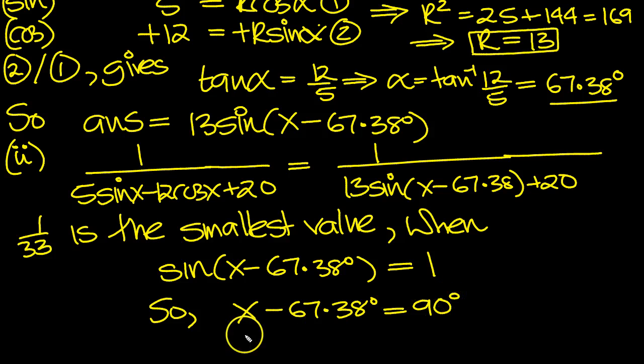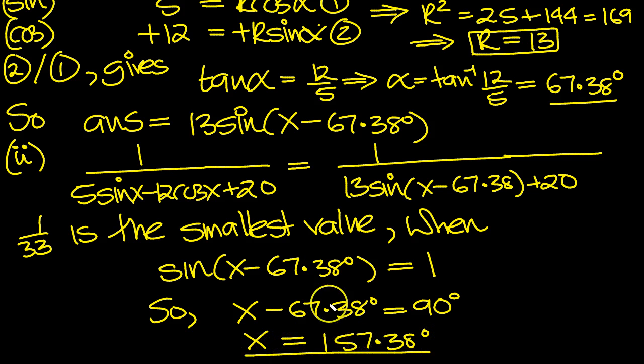So x is equal to, this is just one value, moving the 67.38 over, 90 plus 67.38 is 157.38 degrees. So there's one possible x value where the sine is 1, and that makes this the smallest value possible, being 1 over 33.